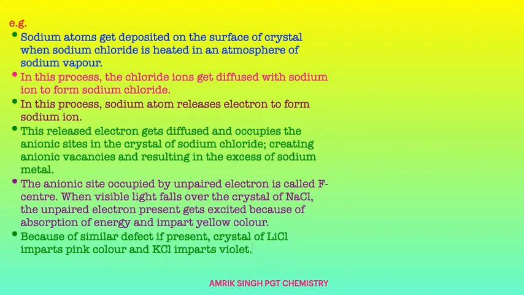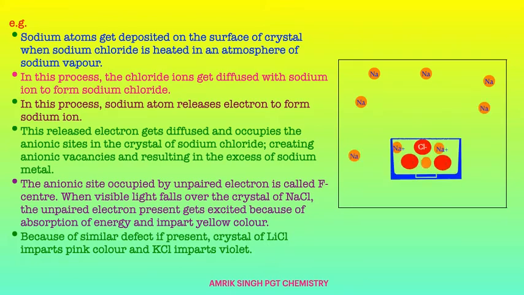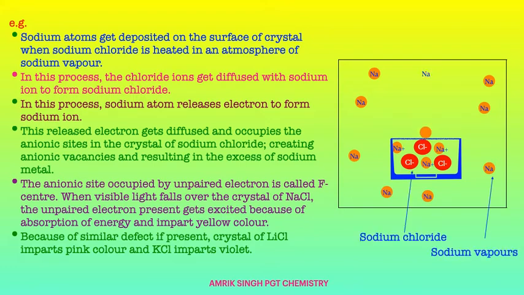For example, sodium atoms get deposited on the surface of the crystal when sodium chloride is heated in an atmosphere of sodium vapor. We have these sodium vapors, and we have the sodium chloride crystal in the blue box. Sodium atoms diffuse on the surface of the crystal.